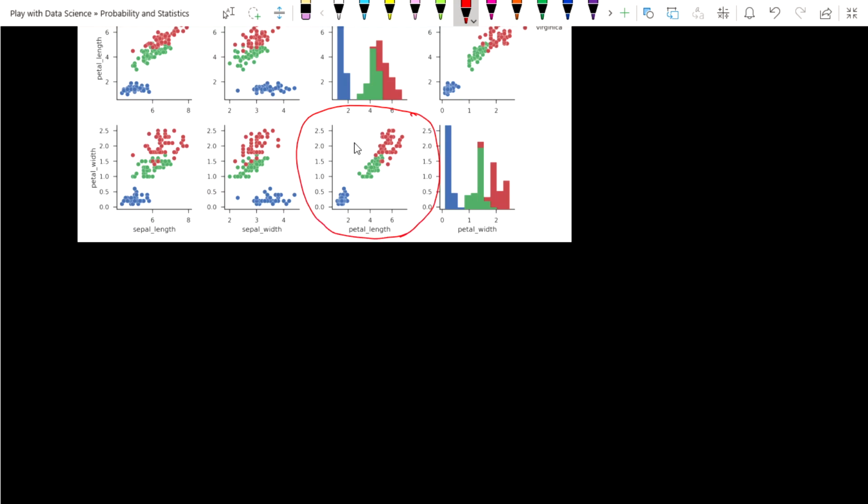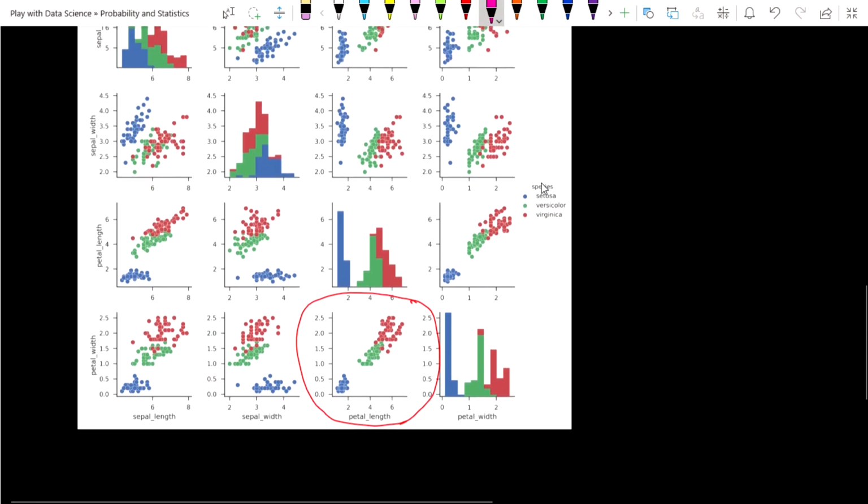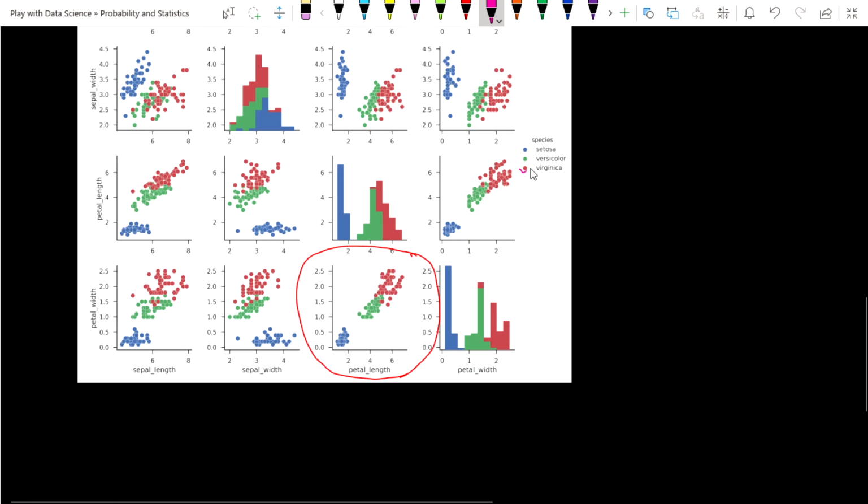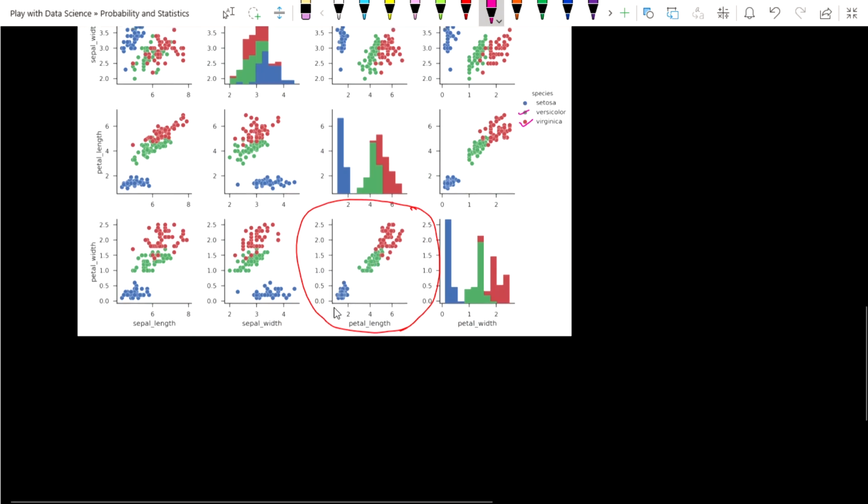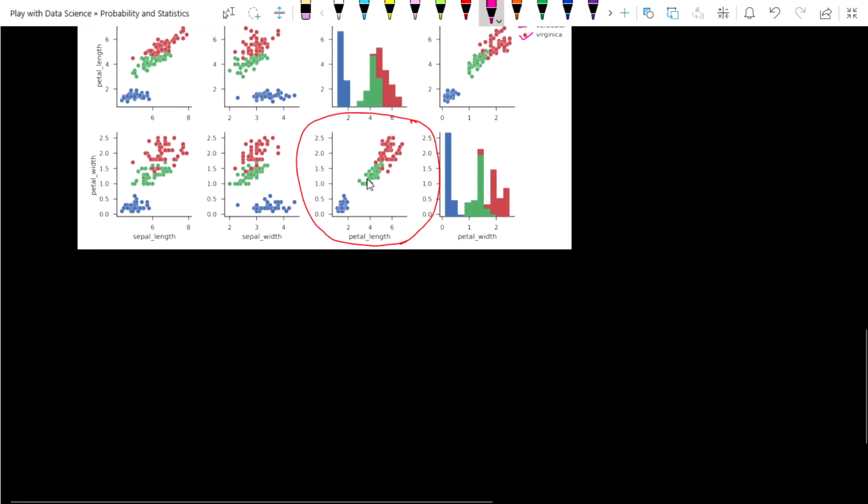Suppose let's take this example. Here, the red color is denoted by the virginica flower, the green color is denoted by the versicolor flower, and the blue color is denoted by setosa. Just see this picture first. If you closely see this picture, then you can easily understand this thing.